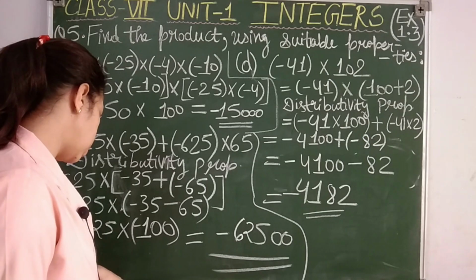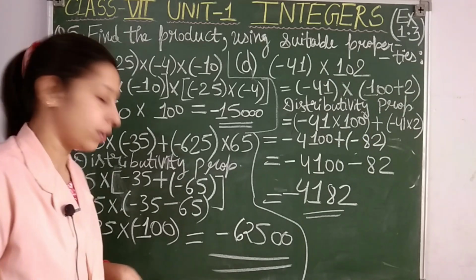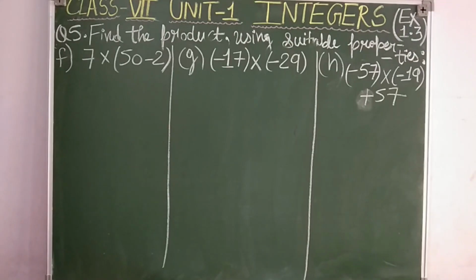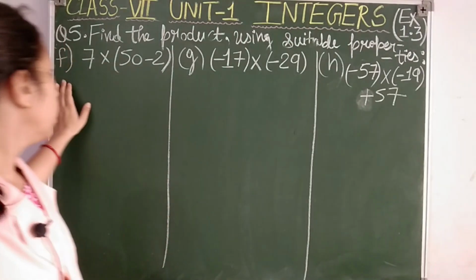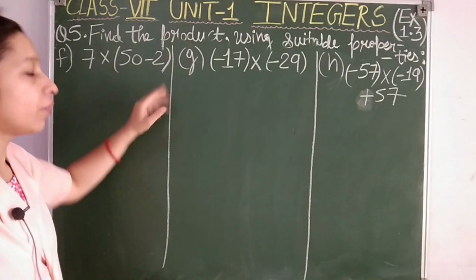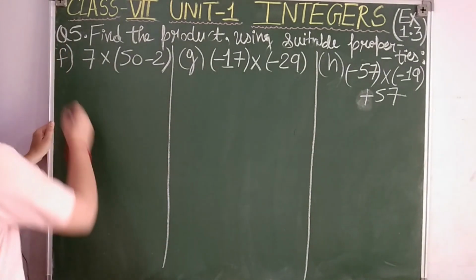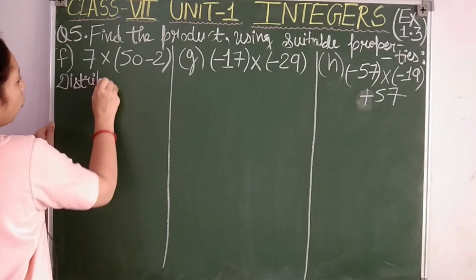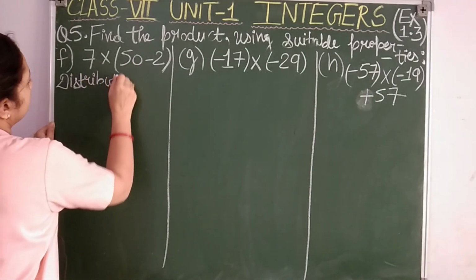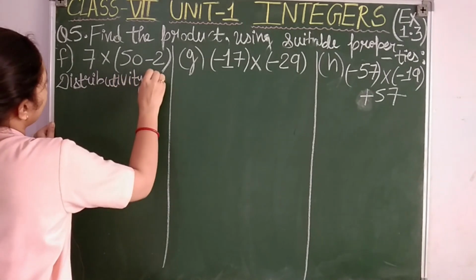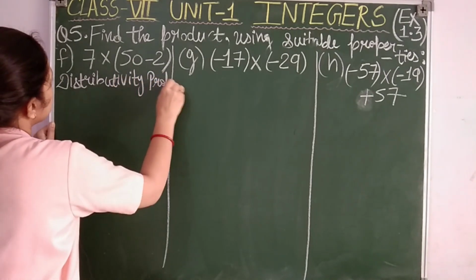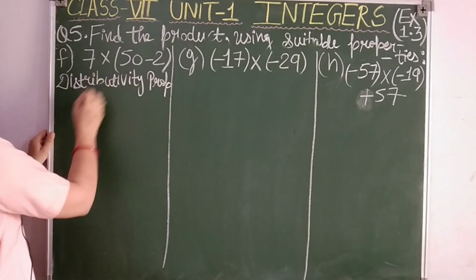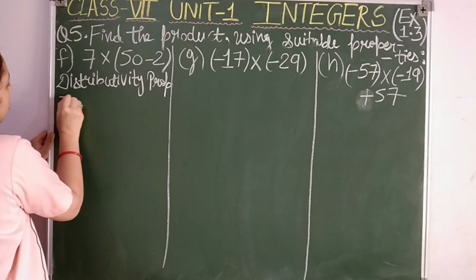Now let us move to question number 5, point F, G and H students. So F point students, 7 into 50 minus 2, it is very clear from this that here we are going to use distributivity property of multiplication over subtraction. Mention the property. See, you have to mention the properties, it is compulsory, otherwise you are not going to get full marks. Now A into B minus C students, so distribute.